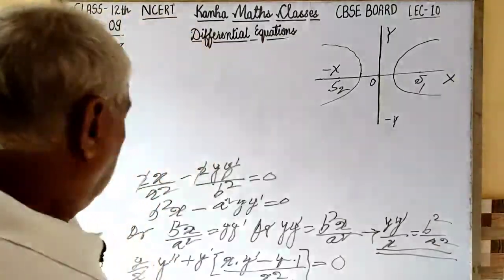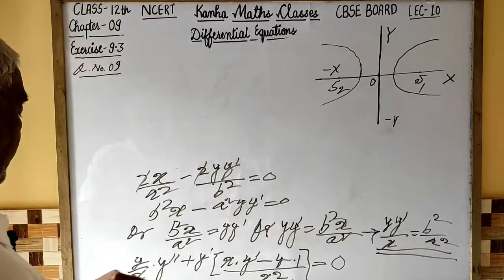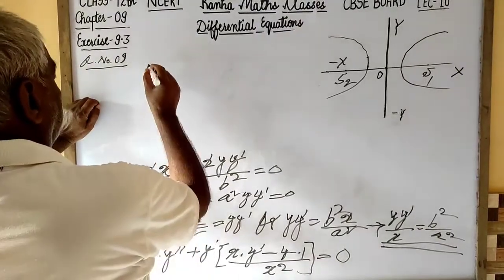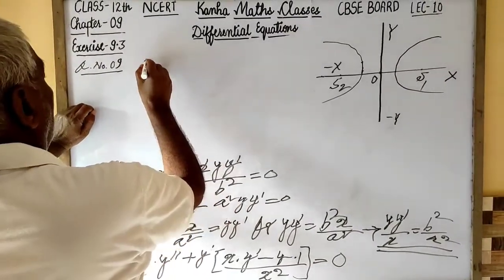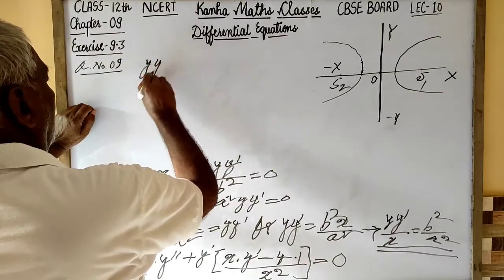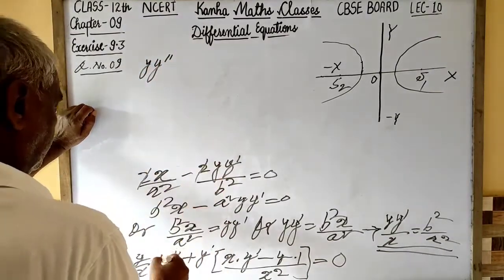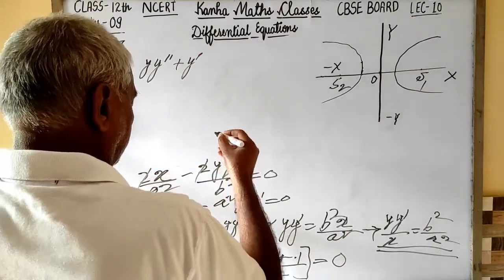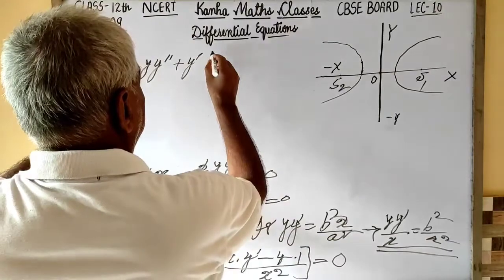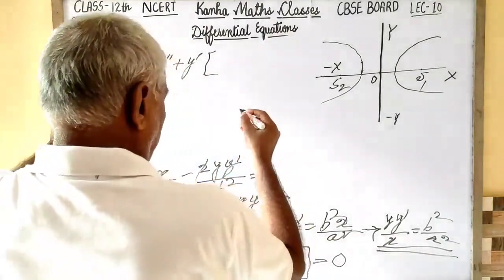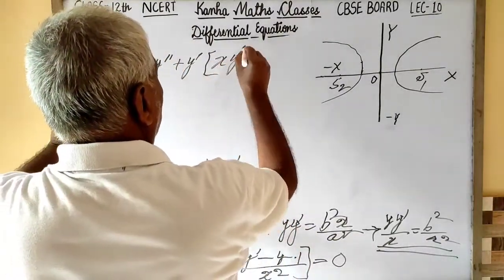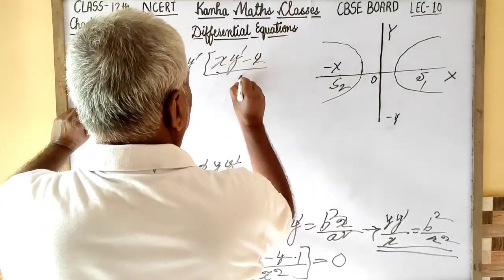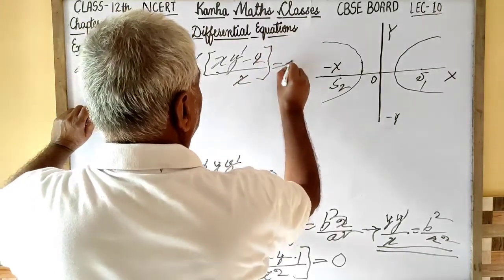Now if you multiply by x on both sides, then this will be equal to y double dash plus y dash within the bracket, x y dash minus y upon x, this is equal to 0.